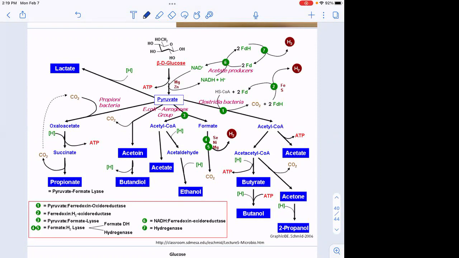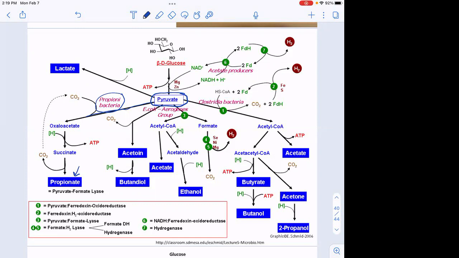So for example, again, using pyruvate as that final electron acceptor, there are some organisms, these propionibacteria, that will produce propionates as a byproduct. That is the distinctive flavor of Swiss cheese. Okay, so the bacteria are secreting carbon dioxide as a byproduct there. That's the holes that we get from Swiss cheese. So thank you, bacteria, for that.